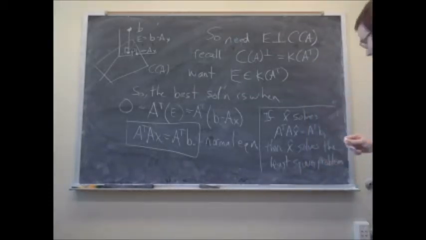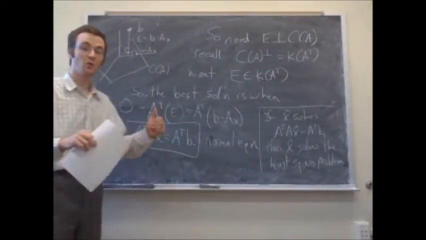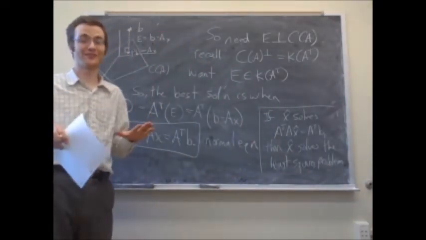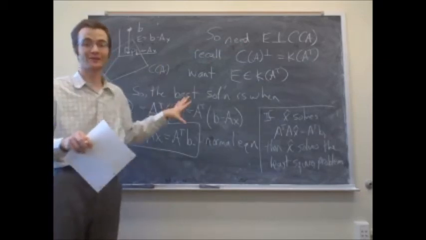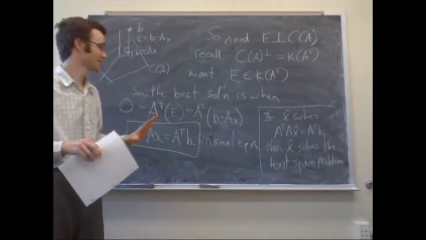That's what we just showed. Now, a couple of things. One, this is not at all obvious. I mean, we just showed it, right? It certainly works, but it is not obvious.